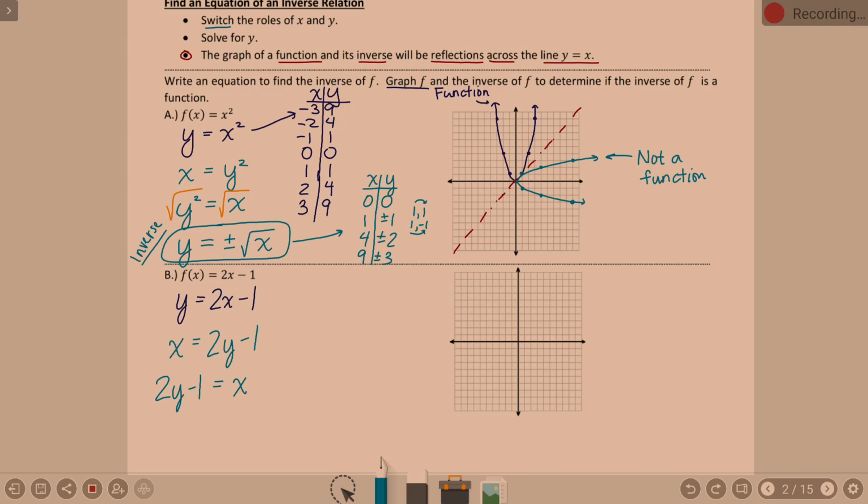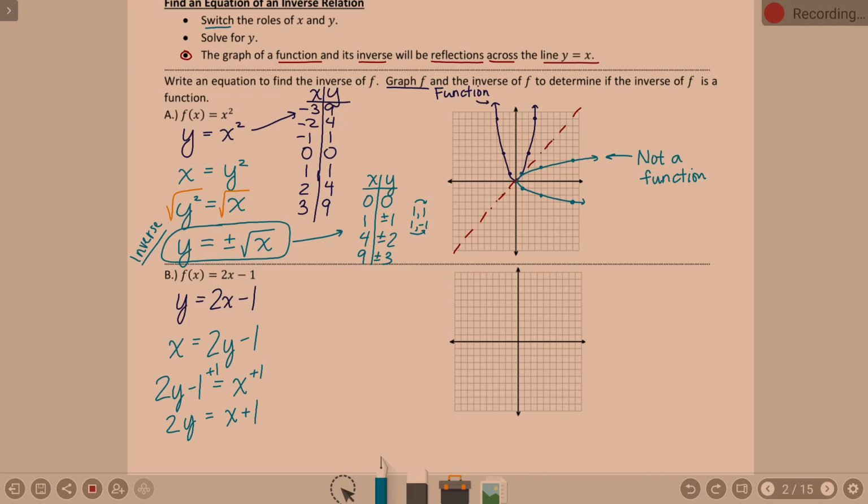How do you get y by itself? If it's 2y minus 1, how do we move the minus 1? We're going to add it. If you add 1 on the left, you're going to add 1 on the right. So now I have 2y equals x plus 1.